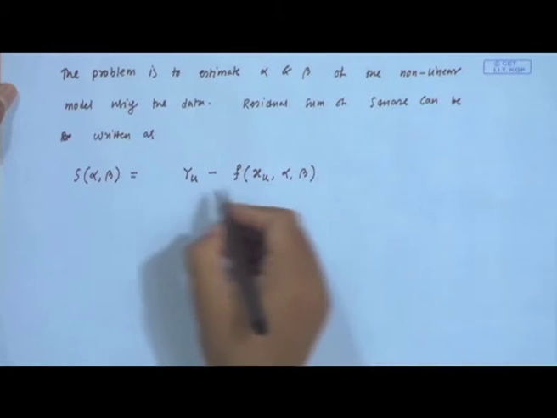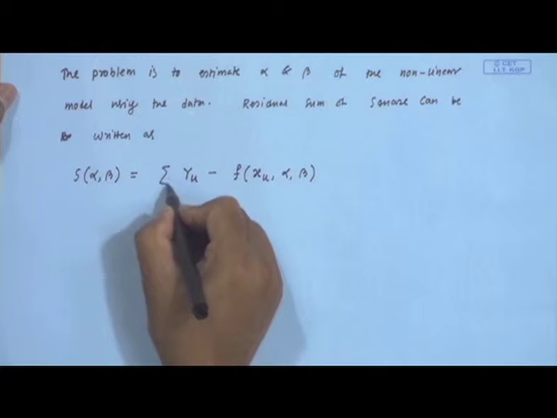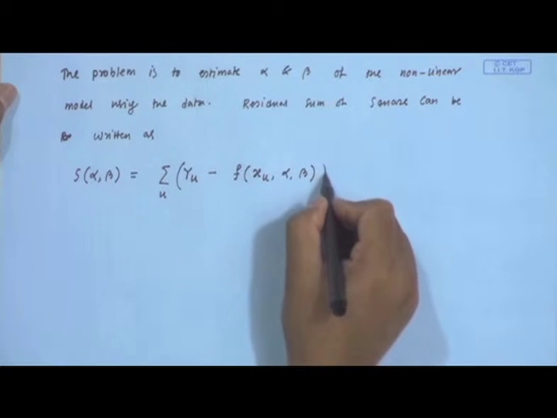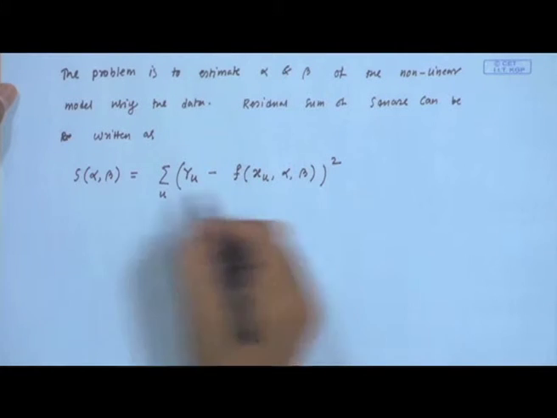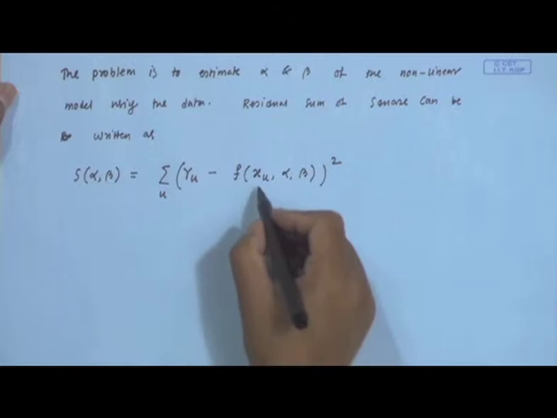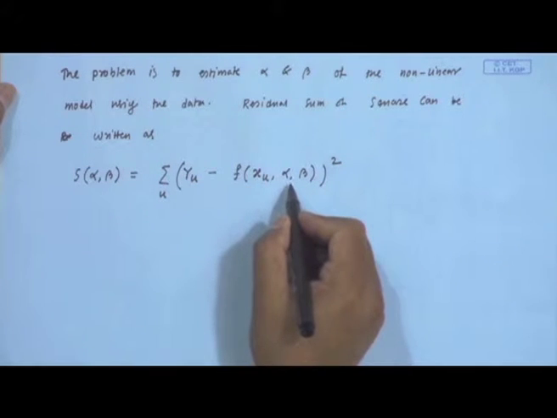Okay. This is the least squares function, and we are given this nonlinear function in alpha and beta.